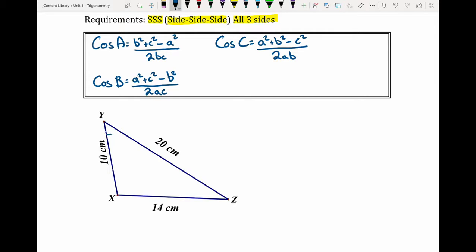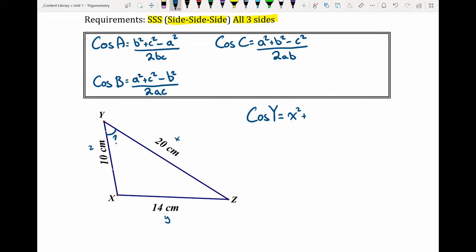I'm just going to pick one, so we're going to solve for angle y. So if we want to solve for angle y, taking that formula, cosine y, that's the angle we're looking for, is going to equal the two other sides that aren't paired up. So that means x squared, side x, because in x, z, y, remember, the first two are the sides that aren't paired up.